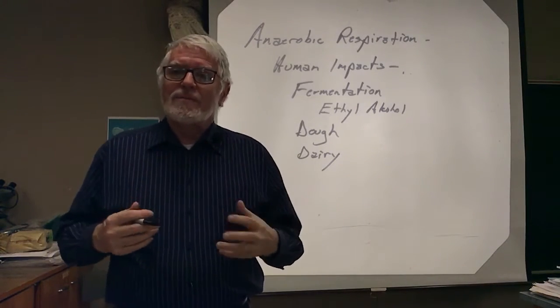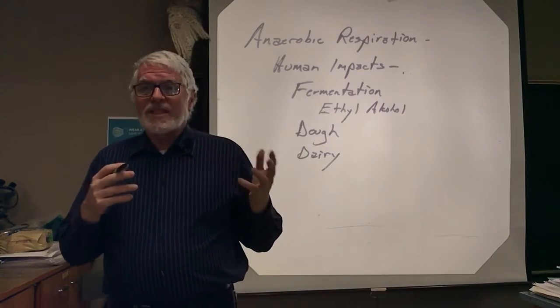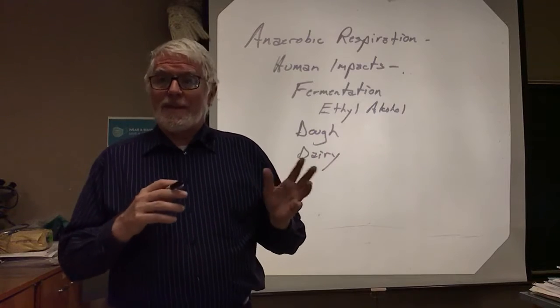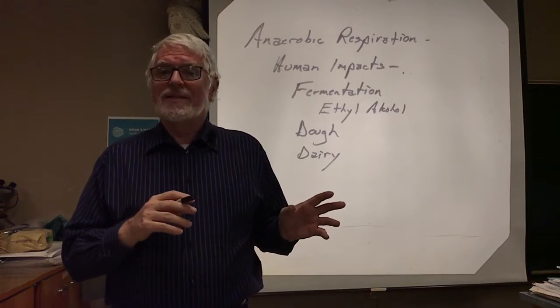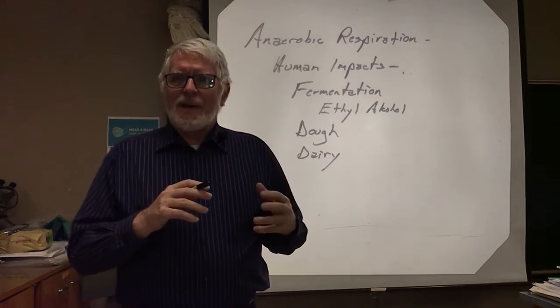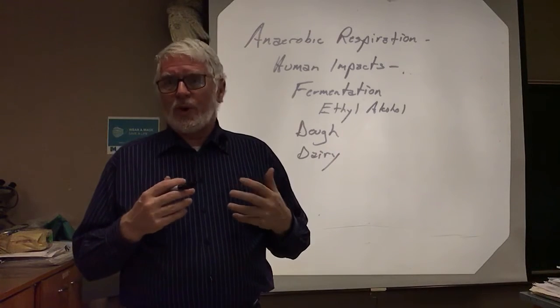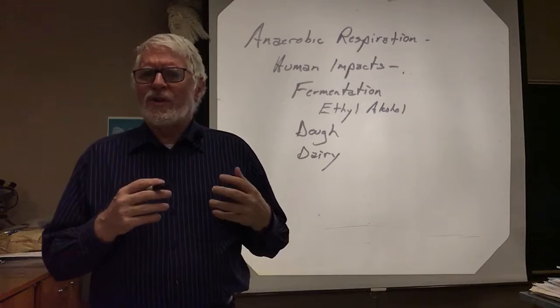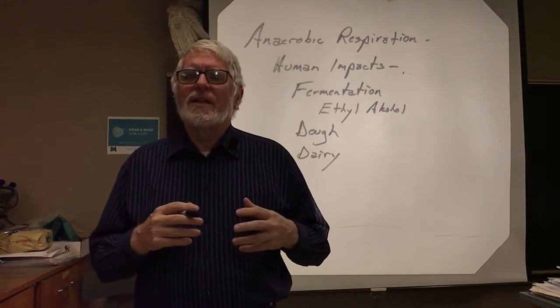When you buy milk, milk has been pasteurized. It's been treated with heat to kill the bacteria, except it hasn't killed all the bacteria. There's a type of bacteria in milk that is pretty heat resistant. You have to really heat it in order to kill it, and when you do that, it changes the nature of the milk.